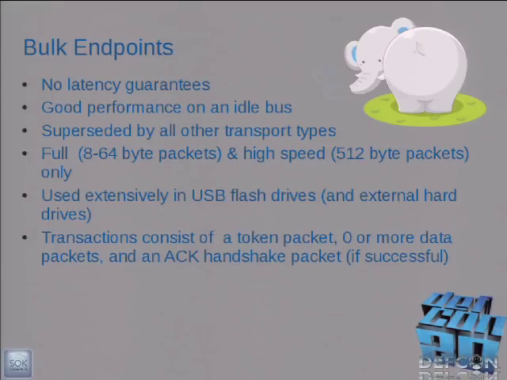If you're doing full speed communications, you know, that whopping 12 megabits per second, you're allowed 8 to 64 byte packets, and keep that number in mind for later, it'll be relevant. If you're doing high speed transfers, you can use 512 byte packets. And this is used pretty extensively in flash drives, also external hard drives. So the transactions consist of a token packet and then some data, possibly, and then you send an ACK at the end. Right.